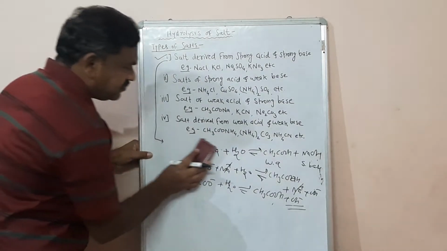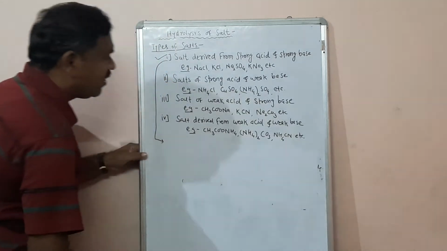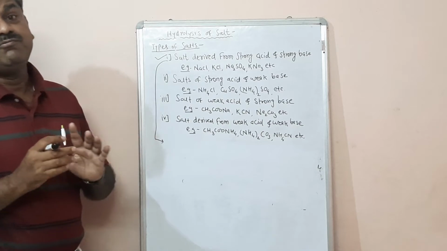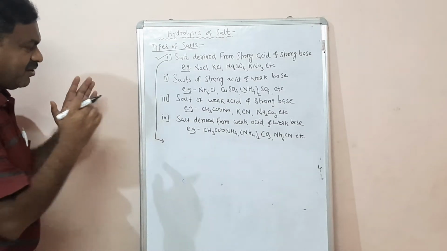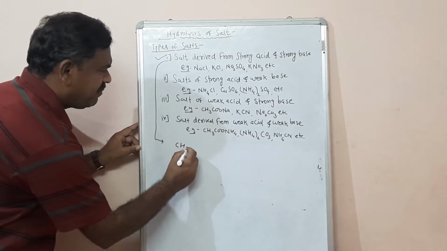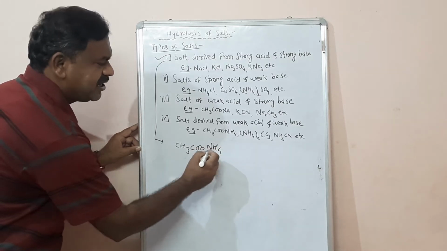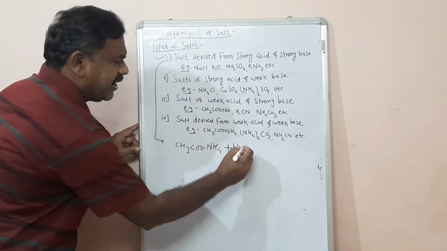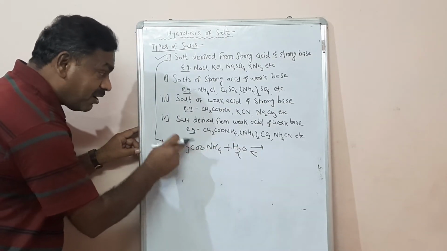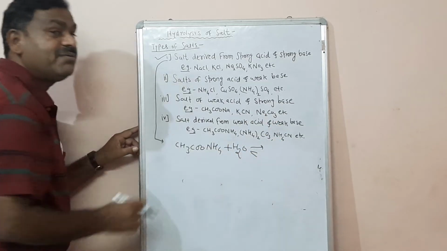And the last type of hydrolysis of salt is for a salt derived from a weak acid and a weak base. See here, the example is ammonium acetate, CH3COONH4, which combines with H2O. This salt is formed from a weak acid and a weak base.